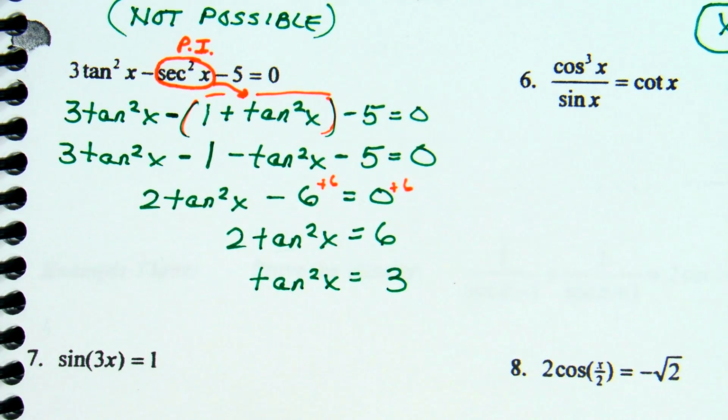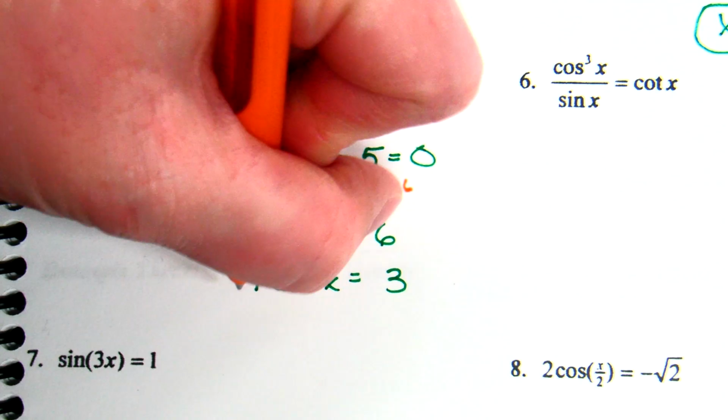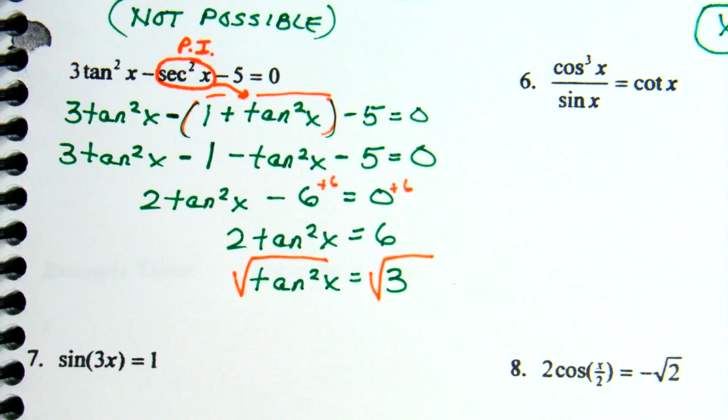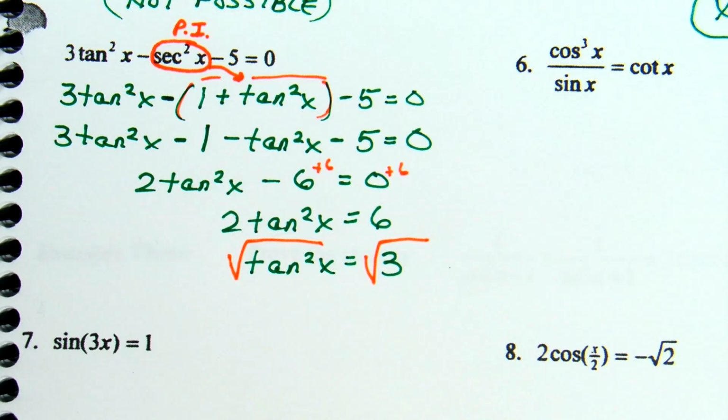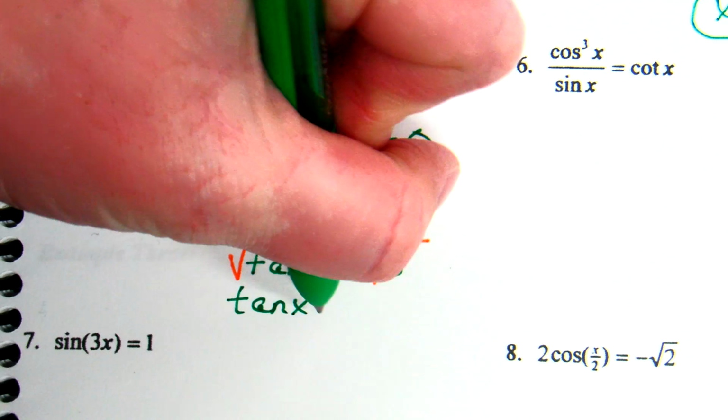Okay, if it was x squared equals 3, you would take the square root. Since it's tangent squared x equals 3, you're going to take the square root. What is the square root of tangent squared x? Tangent x. What is the square root of 3?